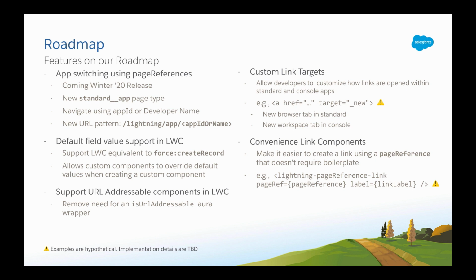So a little bit on the roadmap. We have a few things coming up. In the coming Winter '20 release, we'll have the ability to switch apps using page references. The way that looks is there will be a standard app page type, and you'll provide it an app ID or the developer name. Like I said, this will be available in the Winter '20 release.